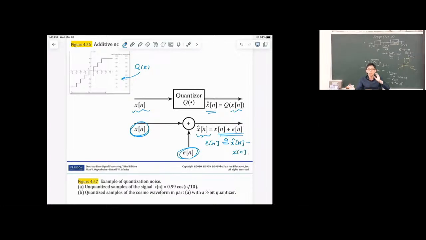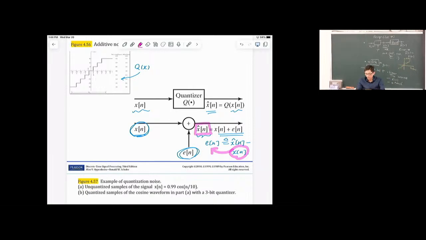That's the definition. But when we rearrange the terms and move x[n] to the other side of the equation, then we have this way of thinking of quantization as if we are introducing an error.